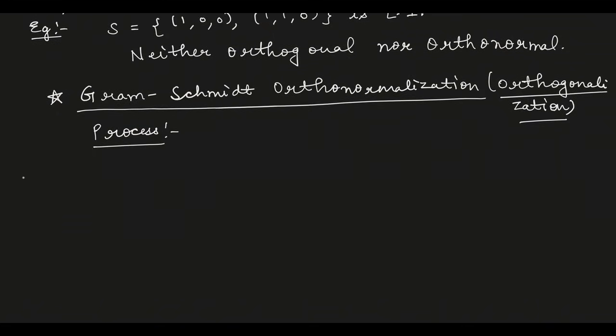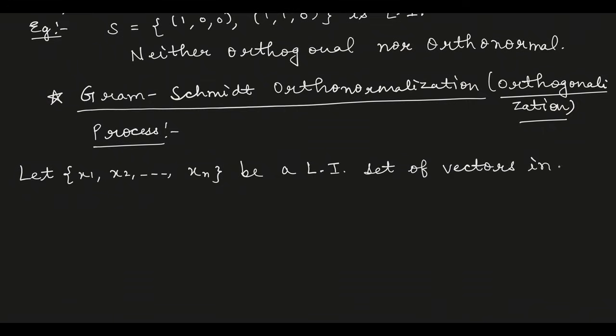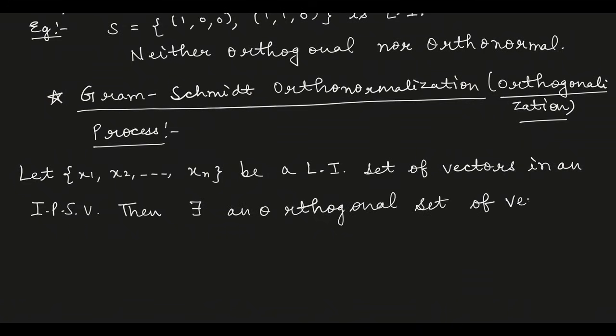Let x1, x2, and so on till xn be a linearly independent set of vectors in an inner product space V. Then there exists an orthogonal set of vectors y1, y2, up to yn.